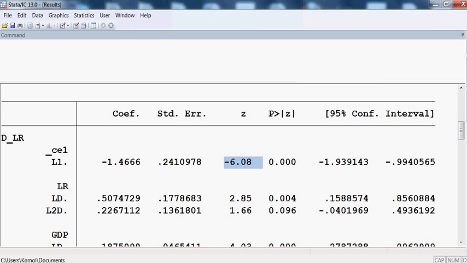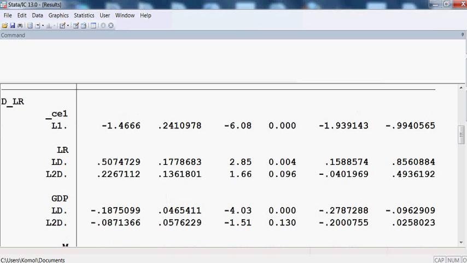That means coefficient divided by standard error, you can get the Z statistics all the time. Suppose this divided by this, you can get 2.85, and that is the Z statistics.